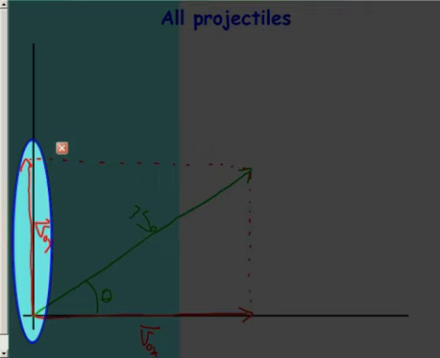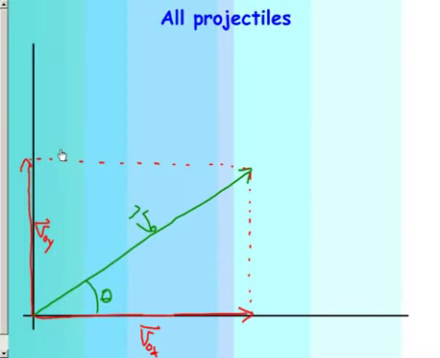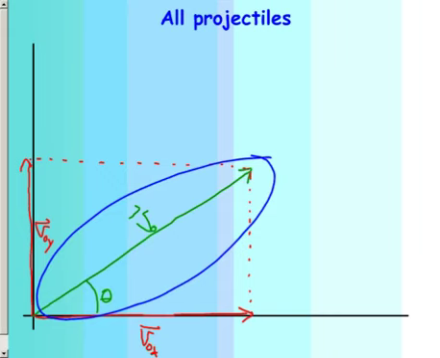So if I take a marble and I launch it straight up with V0y, it's going to go straight up and come back down. But here's the crazy thing. It's going to come back down with exactly the same amount of time as the one I launched with V0.